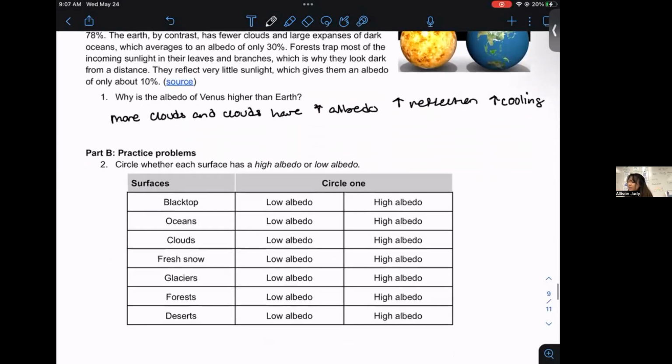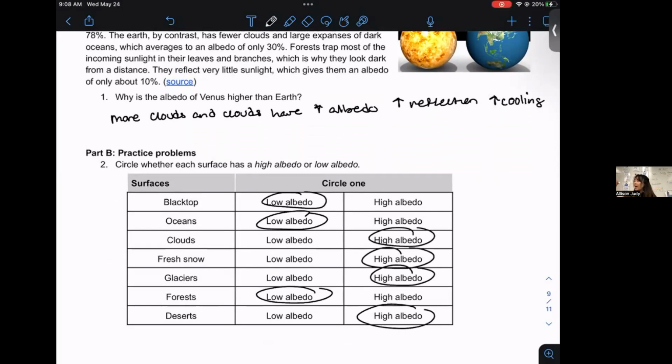So go ahead and quickly fill out this little chart of labeling high albedo versus low albedo. All right, so surface, blacktop, low or high? Oceans, clouds, fresh snow, glaciers, forests, deserts, high albedo.